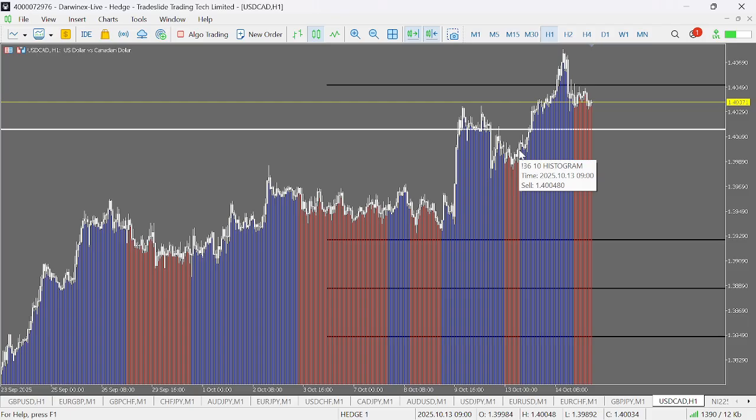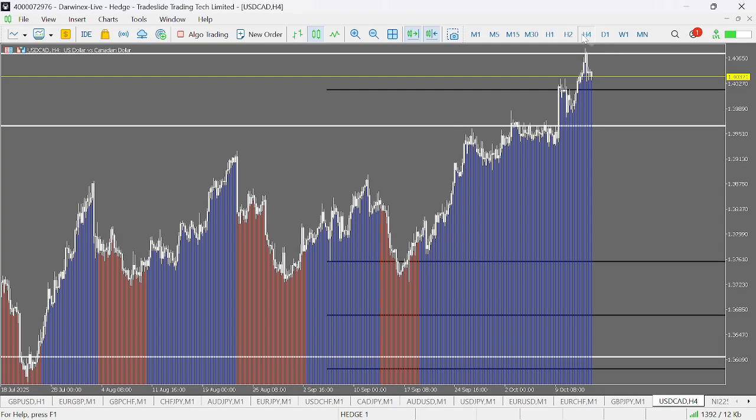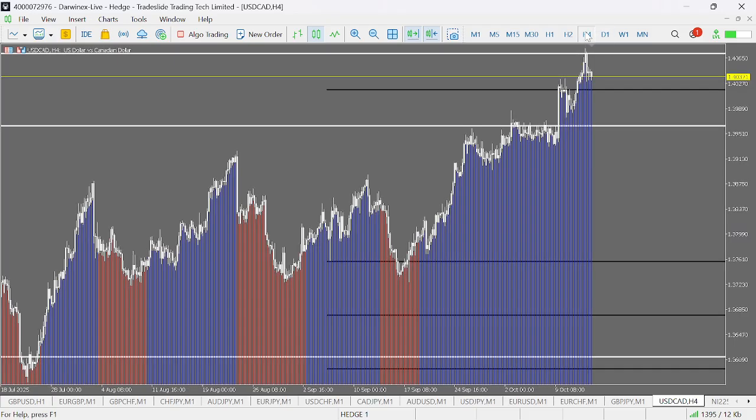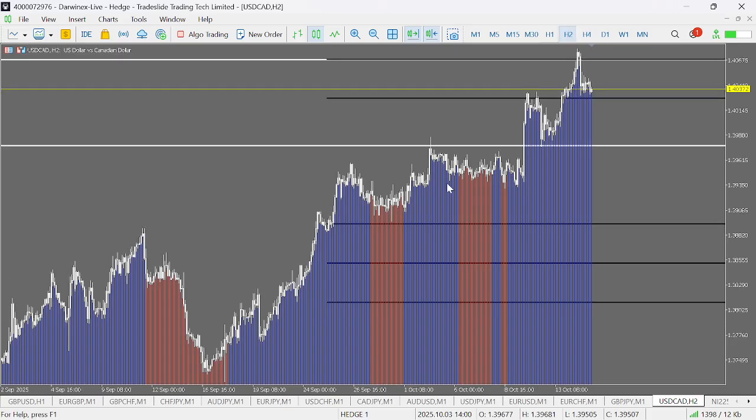Now, I told you earlier that I was looking to jump on the daily chart. So I move all my operations to the 4 hour. All right? Because in order to enter on the daily chart, you look for a pullback in the 4 hour. Can you see that? In order to enter in the 4 hour, you look for a pullback in the 2 hour.